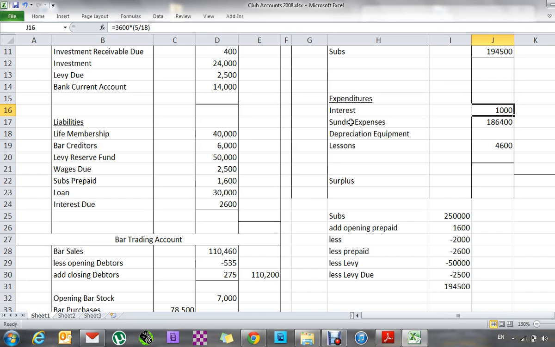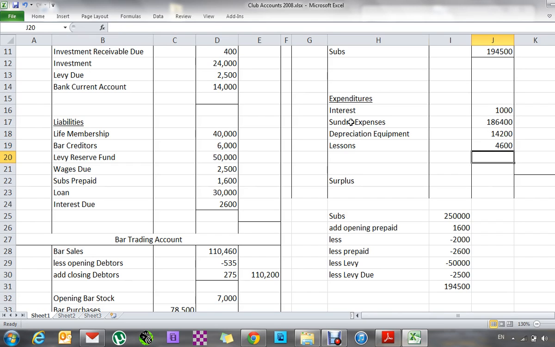So how much equipment do I own at the end? At the beginning I had equipment of 26 grand. I didn't sell any equipment. I bought equipment for 45. So 26 and 45 is 71. And that's depreciated at 20%. So depreciation is 71 grand multiplied by 0.2, that's 20%.